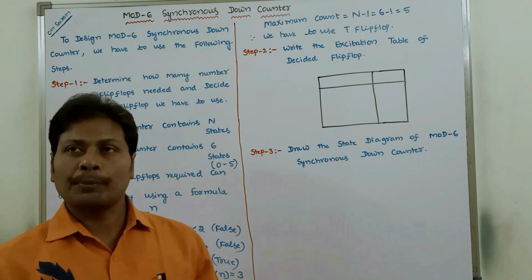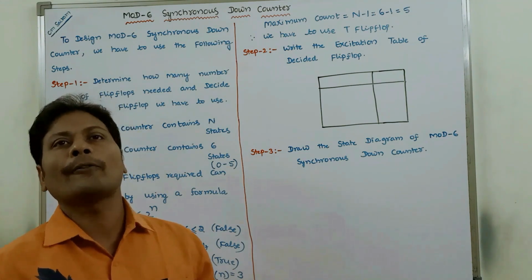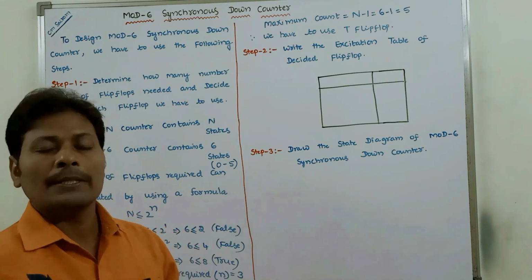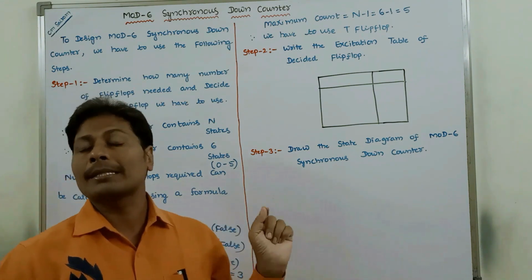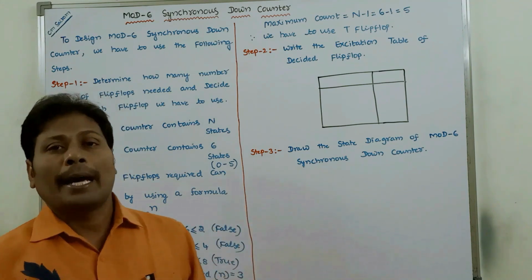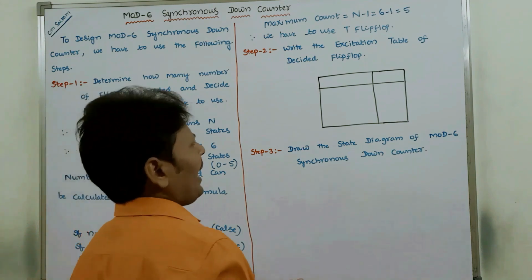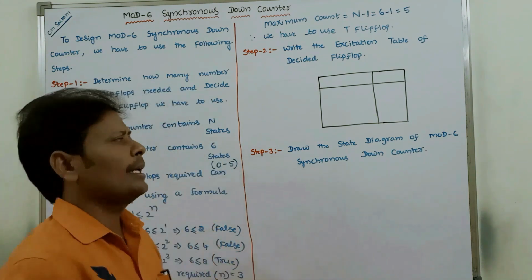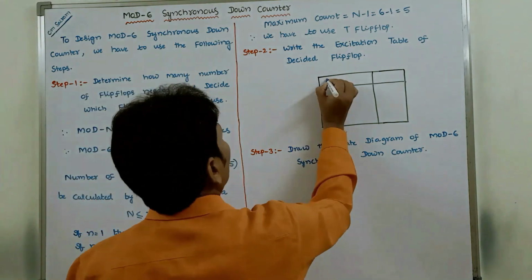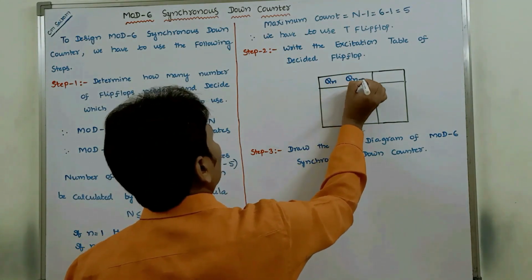In step 2, we have to write the excitation table of T flip-flop because the decided flip-flop is T flip-flop. In the excitation table, the inputs can be taken as Qn and Qn plus 1.